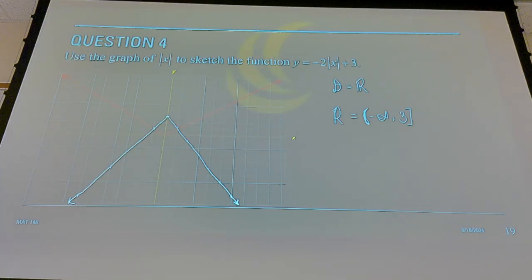What's going to wind up happening is the slope is going to increase. If you imagine the steepness at a point, how steep it is, that will increase with a vertical stretch.